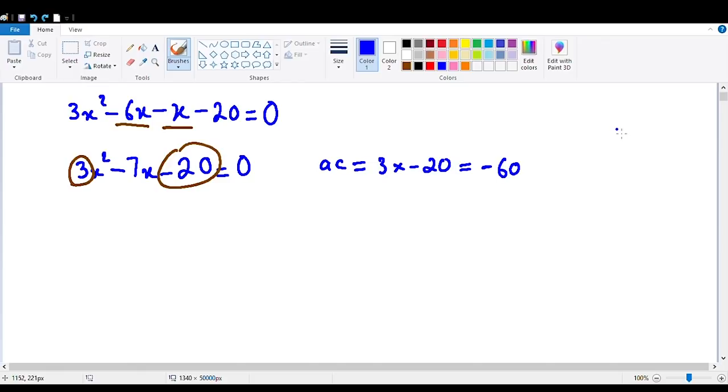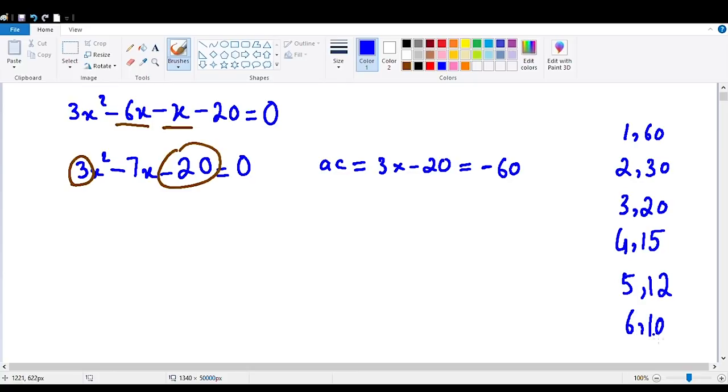So the factors can be 1 and 60, they can be 2 and 30, they can be 3 and 20, which we have right here actually. They can be 4 and 15, they can be 5 and 12, and they can be 6 and 10.